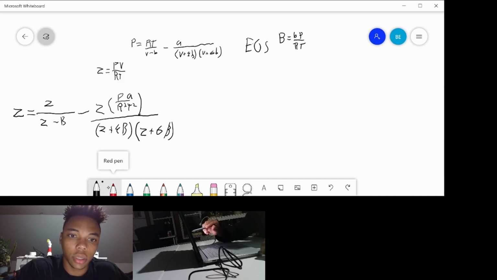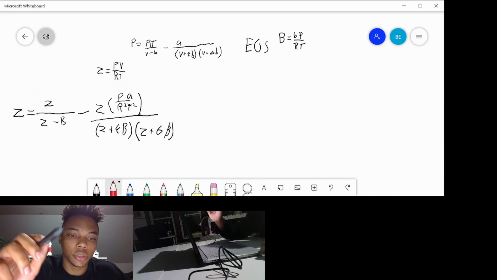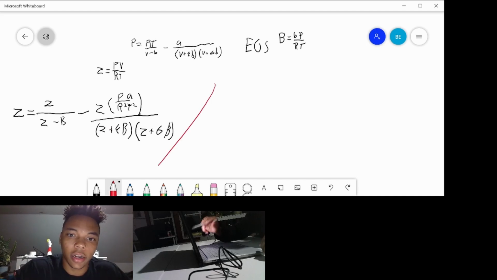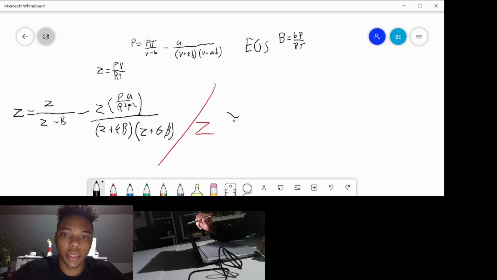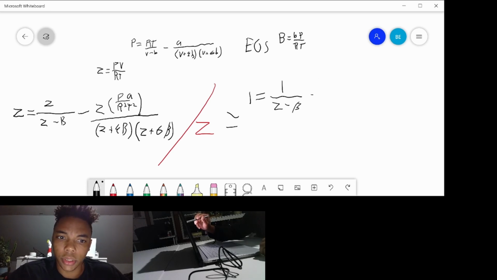We're gonna get a new color, and we're going to actually divide everything by Z. So what we will get is 1 is equal to 1 over Z minus B beta, which is going to be subtracted by Z divided by Z, which is going to be 1.